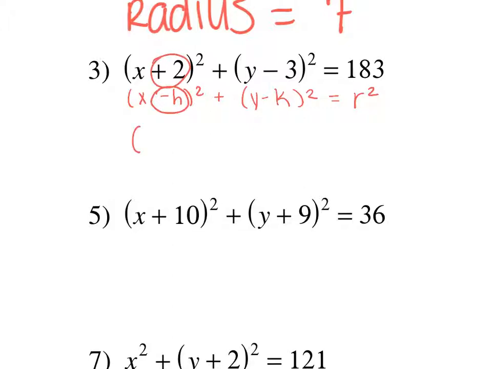So my x coordinate for my center is a -2, and my y coordinate again is still just a +3 that we're plugging in for k. And then to find my radius, I just take the square root of 183.